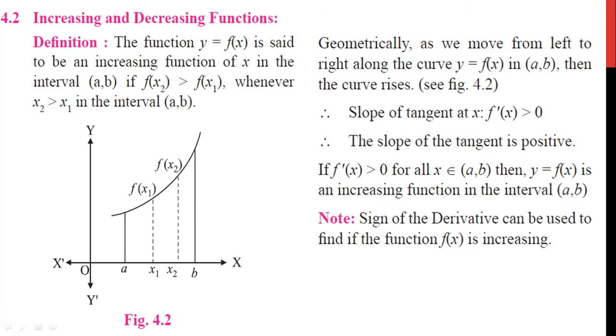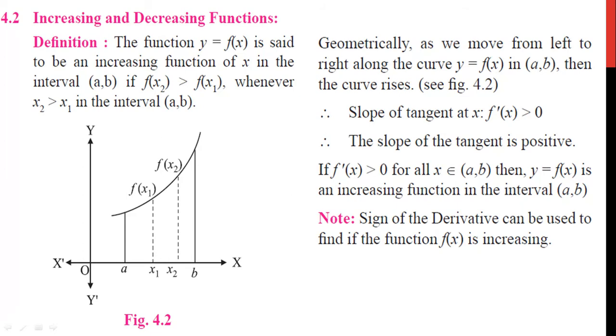See here in this figure, this is f of x2 and this is f of x1, and in this case f of x2 means the value of y, that is f of x. So f of x2 is greater than f of x1 whenever x2 is greater than x1 in the interval ab.